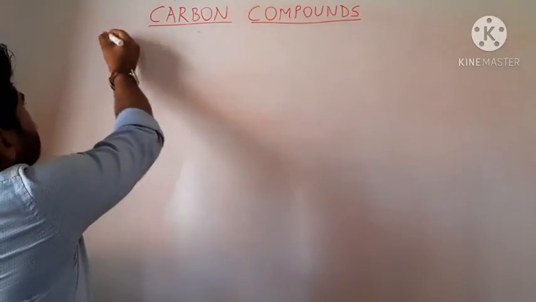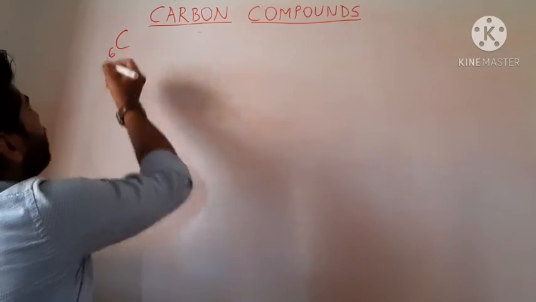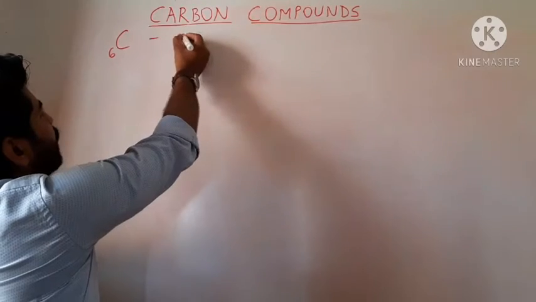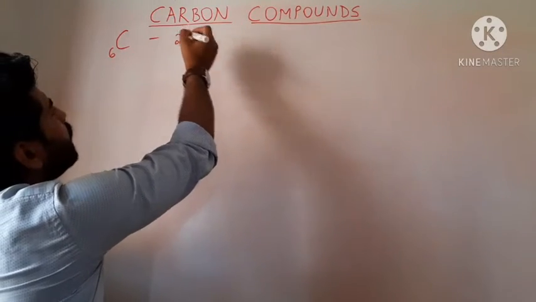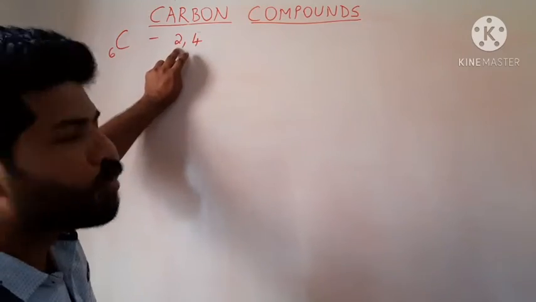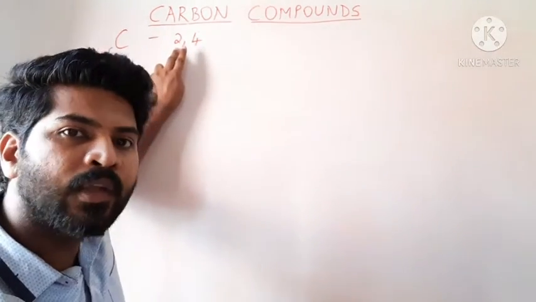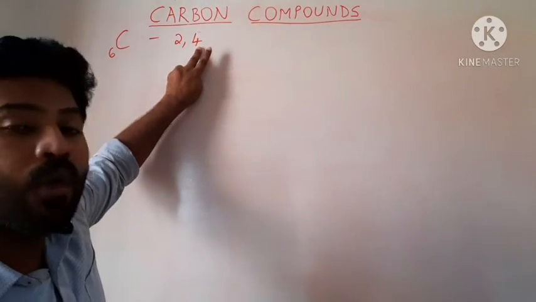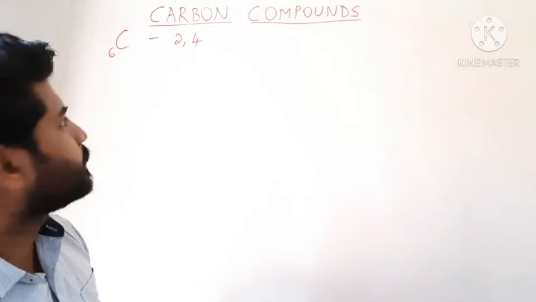The element carbon has the atomic number 6. The electronic configuration for carbon would be 2, 4, meaning the innermost K shell is completely filled, whereas the L shell has 4 valence electrons.